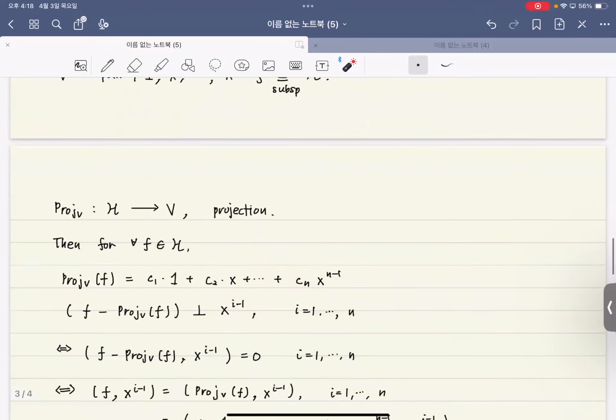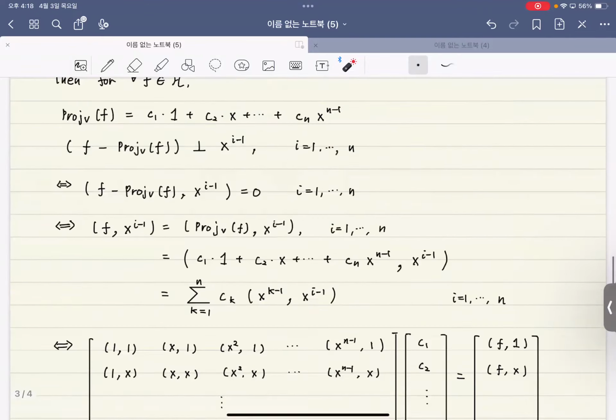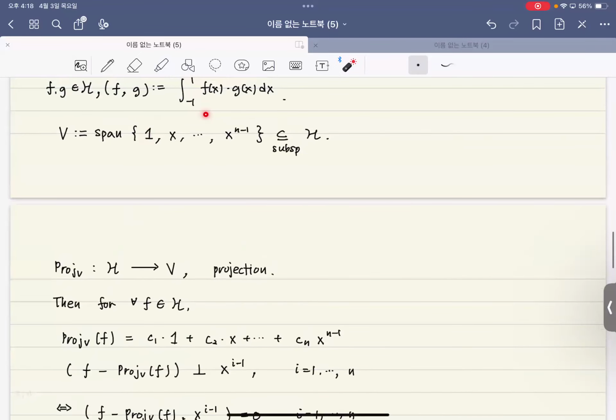So in order to avoid the Hilbert matrix, instead of using these basis vectors, we want to make another basis that spans the same vector space but has orthogonality. To find such a nice basis, we have to apply the Gram-Schmidt process for the space of functions.